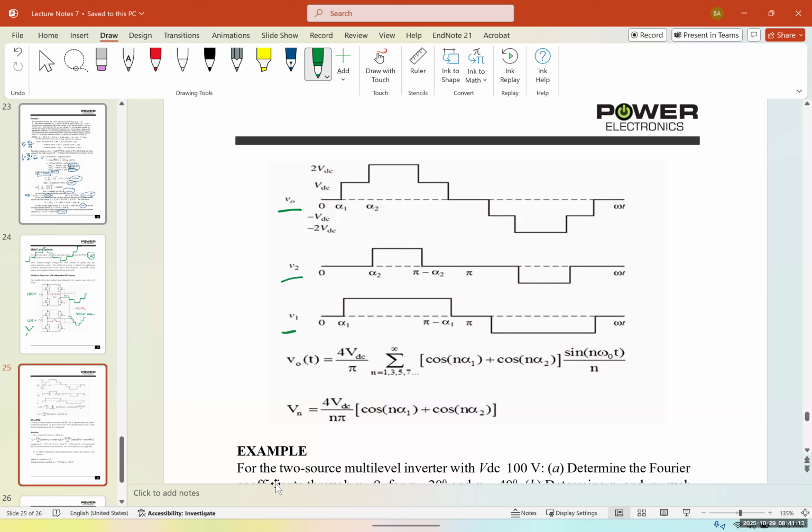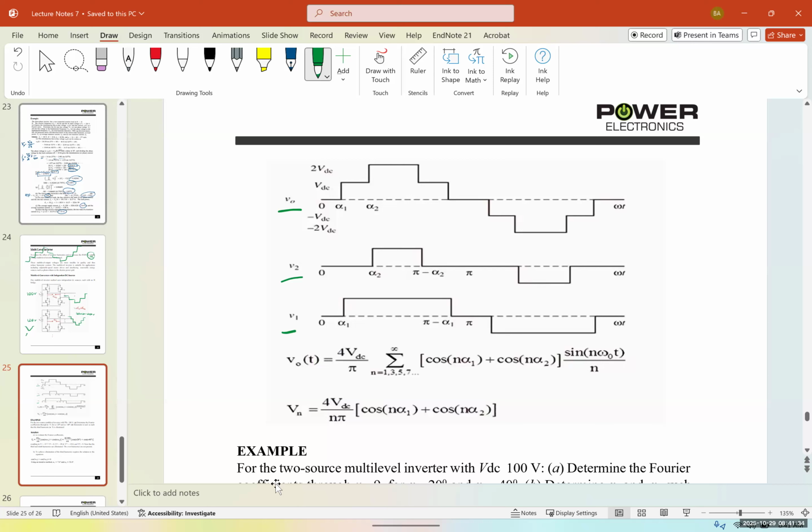Now, why did we use alpha 1 and alpha 2? As I mentioned, we can use a multi or variable DC source that uses a buck-boost converter. The way that we can control the buck-boost converter's output is by controlling its pulse width modulation.